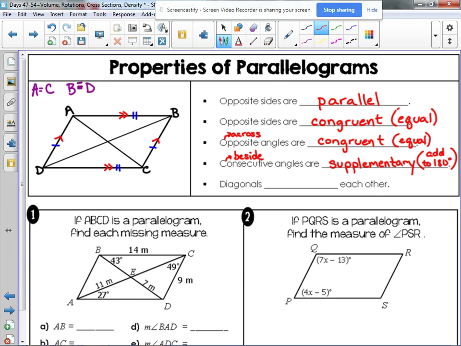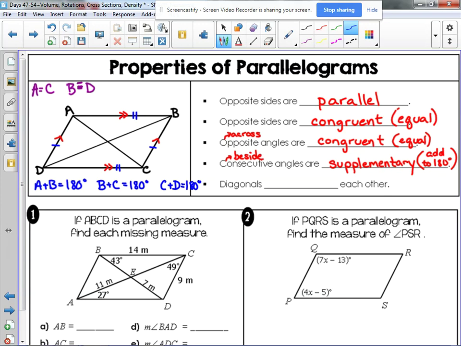So when I'm talking consecutive angles, I'm talking A and B. A and B are beside each other. So A plus B equals 180. B and C are also beside each other. So B plus C equals 180. C plus D equals 180.